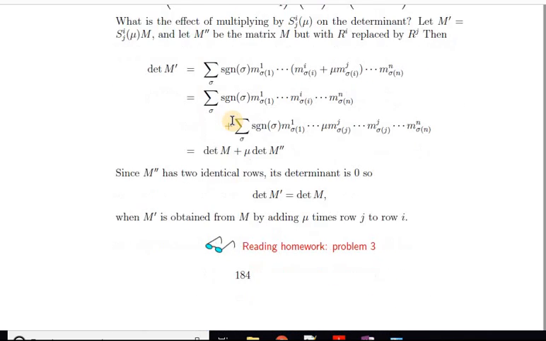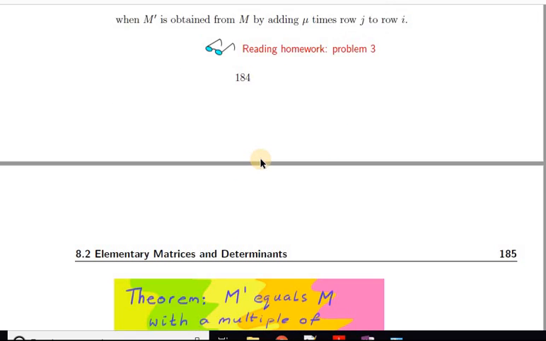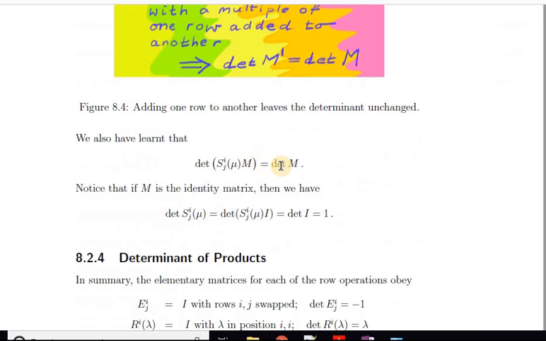So I still have this relation that the determinant of the product of this elementary matrix times M is equal to the determinant of this matrix times the determinant of M. Okay, so I can just write that here.